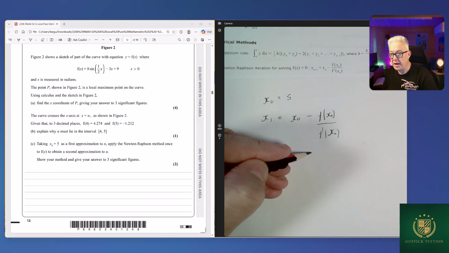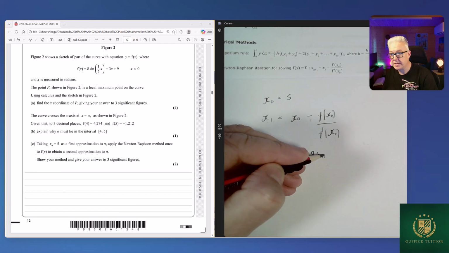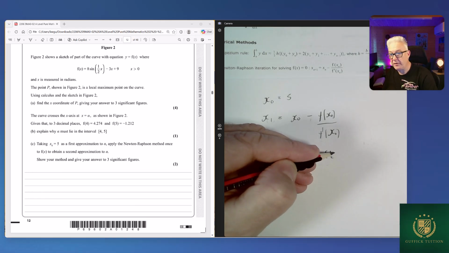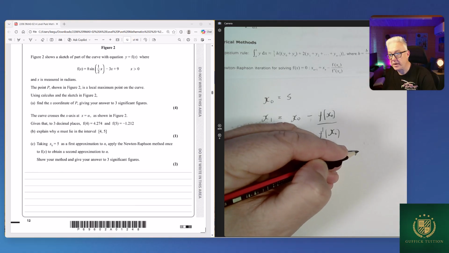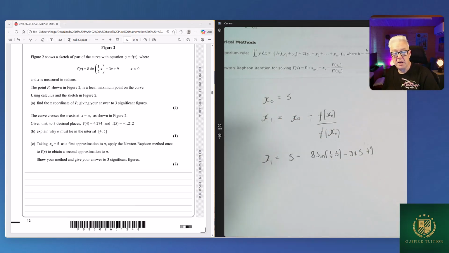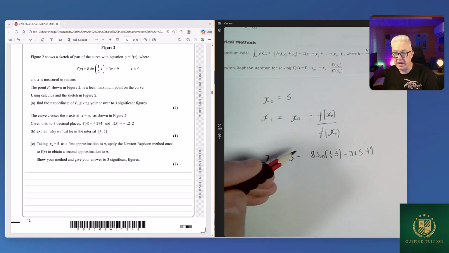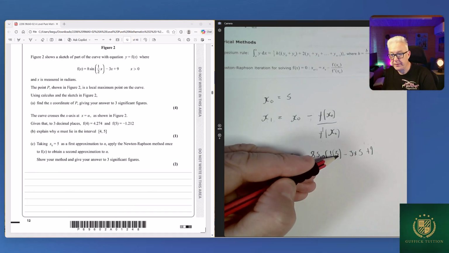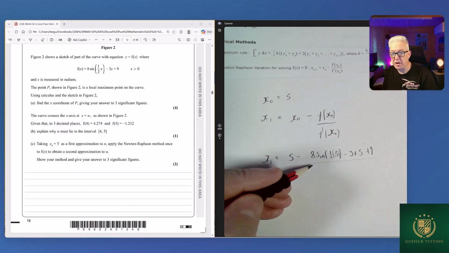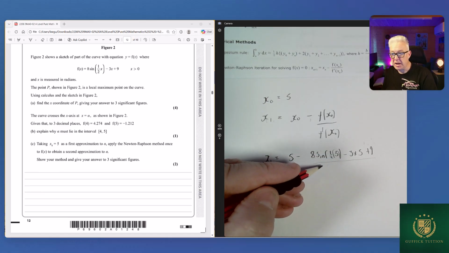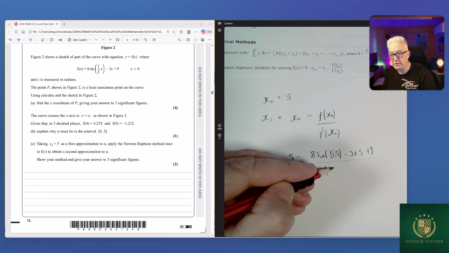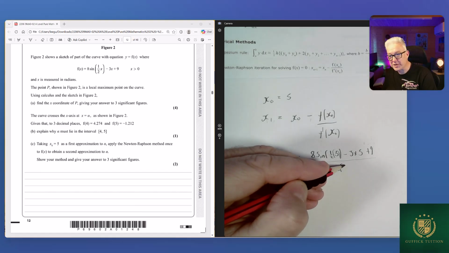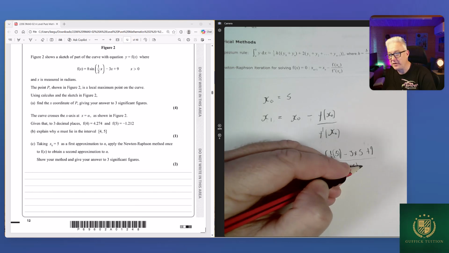Okay, so which is going to be 8 times sin of a half times 5 minus 3 times 5 add 9. And all we're doing there is literally subbing x is equal to 5 into the f of x equation from the question. Then in the denominator, we're going to sub x is equal to 5 into our differentiated version, which was 4 cos of a half times 5 minus 3.